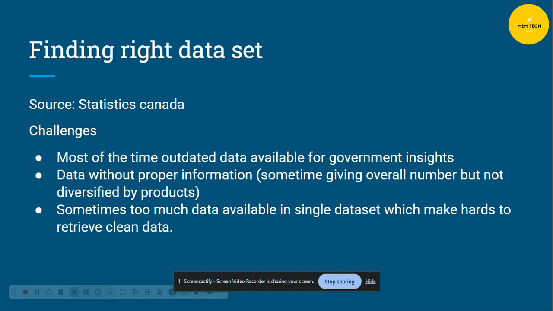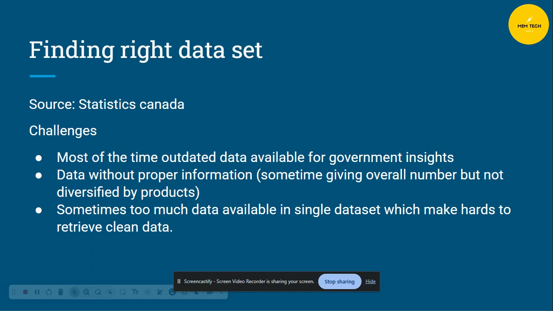So first, finding the right data set was quite difficult for me because I really wanted to have data from a trustable website and government data. The source of my data is Statistics Canada, and most of the time I used to get data which is older, like before 2020 or 2017.